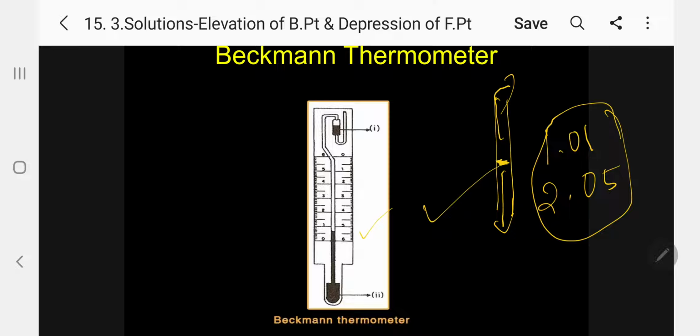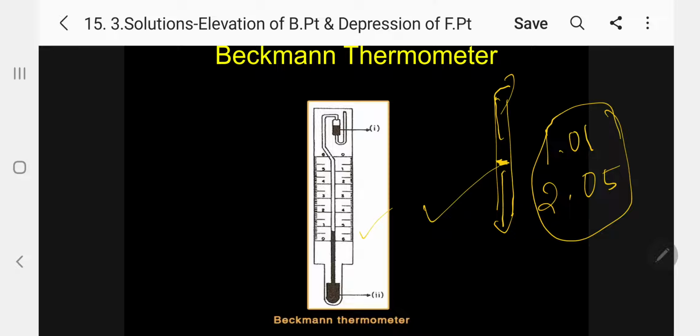So first you have to take a known solvent, put it inside and freeze it to a particular temperature until it reaches the freezing point, and then give a slight heat to the thermometer. So the mercury thread inside will break.